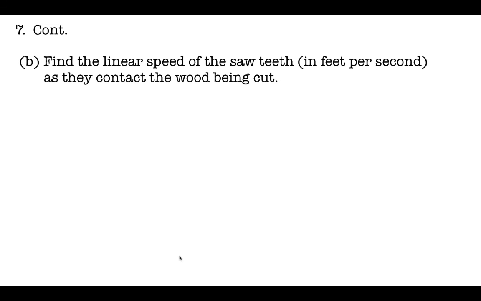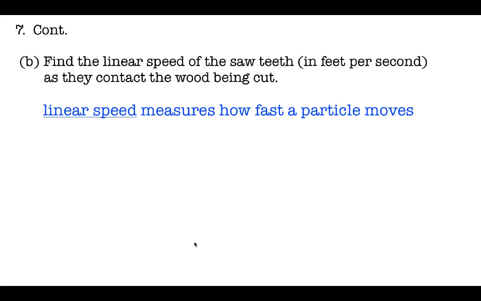Part B, and this is the last part, we're done after this. It says find the linear speed of the saw teeth in feet per second as they contact the wood being cut. Now, let me give you what linear speed means.